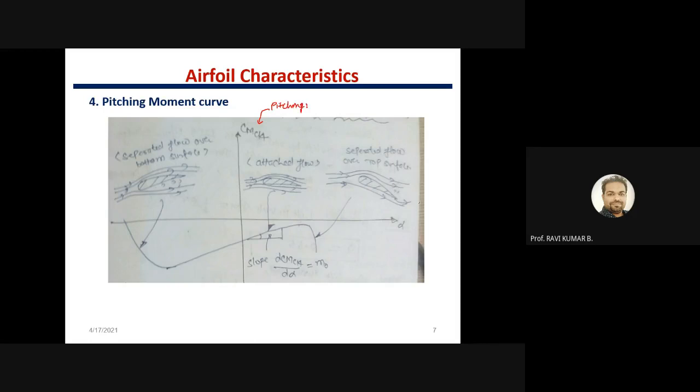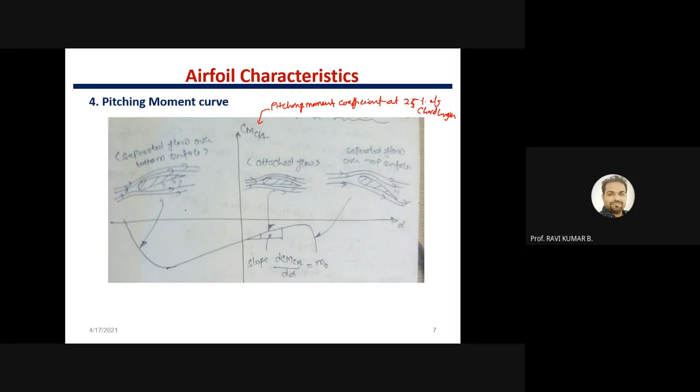When we are talking about c/4, that is representing the quarter chord point, or you can say 25% of the chord length. So this is the pitching moment coefficient at 25% of the chord length on the airfoil.